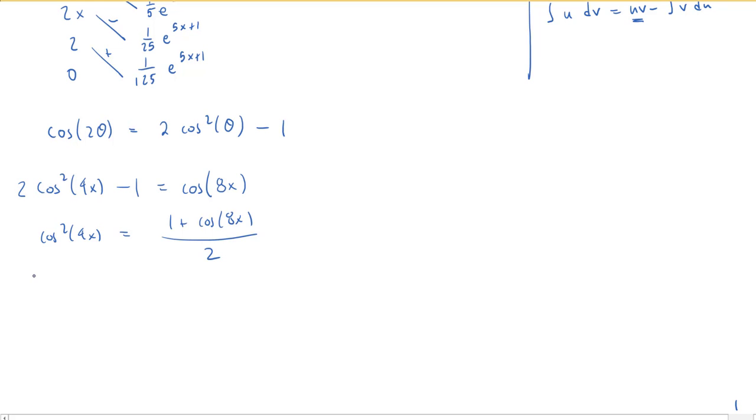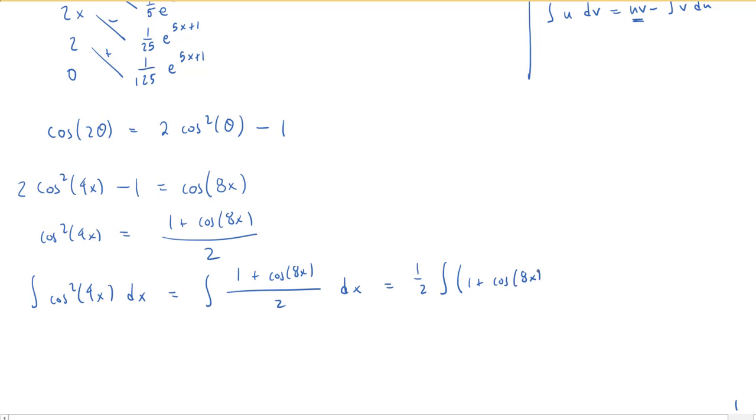And so if we wanted to find an antiderivative for cosine squared of 4x, we could instead find an antiderivative for 1 plus the cosine of 8x cut in half. Okay, again, there's this nice 2 on the bottom we can pull outside of the antiderivative, so we'll have a half antiderivative of 1 plus the cosine of 8x.